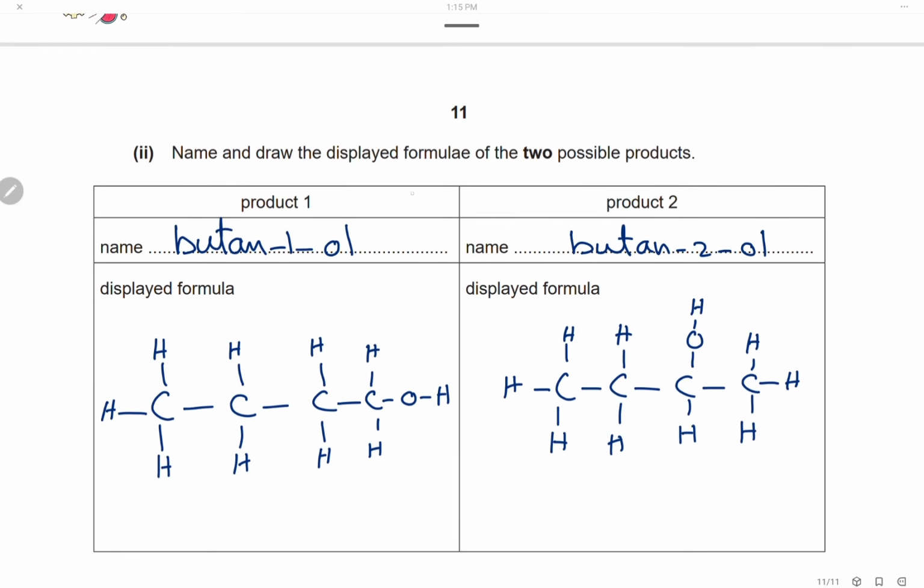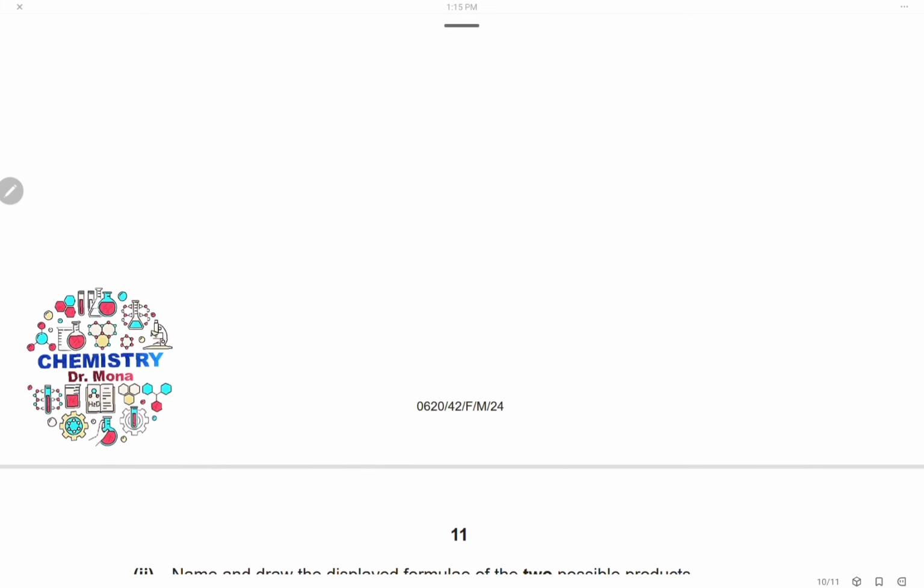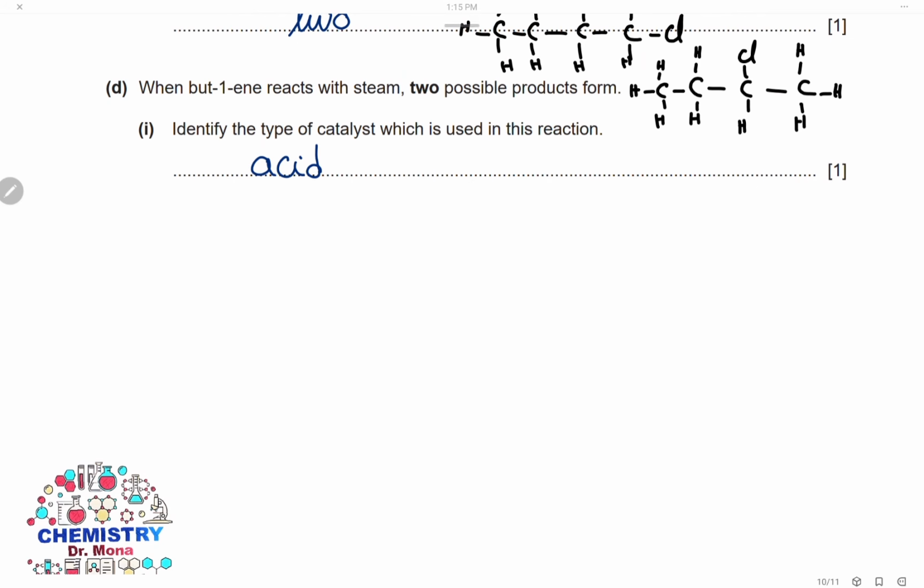Name and draw the displayed formula of the two possible products formed when but-1-ene reacts with steam. Let's draw the equation for the reaction. 1, 2, 3, 4, it is butene, but-1-ene.